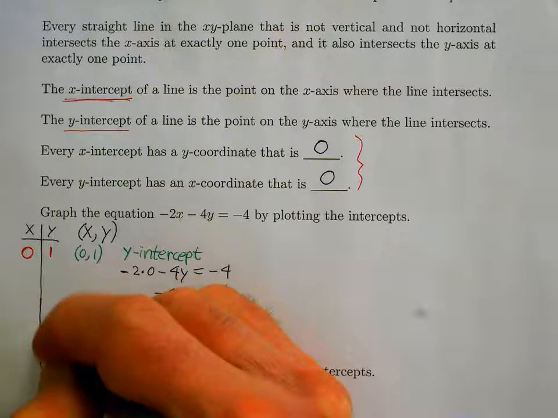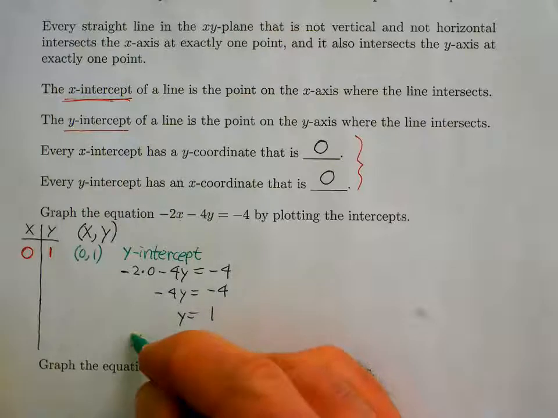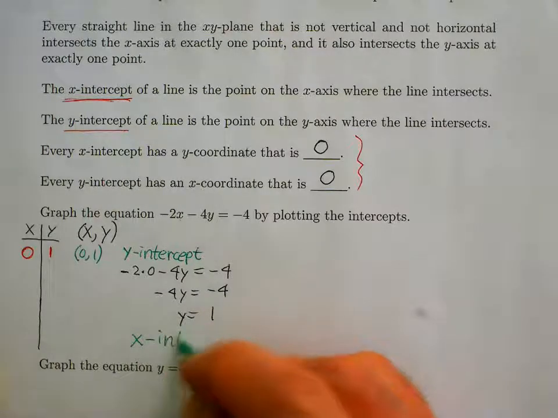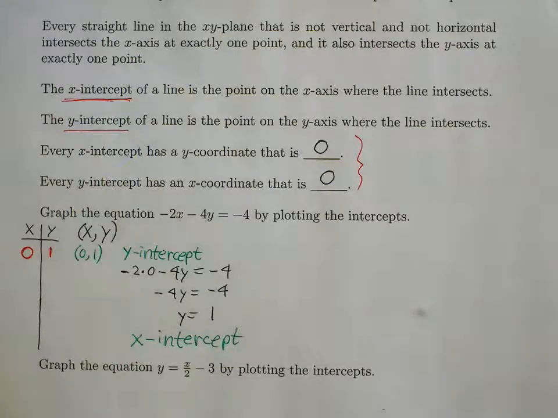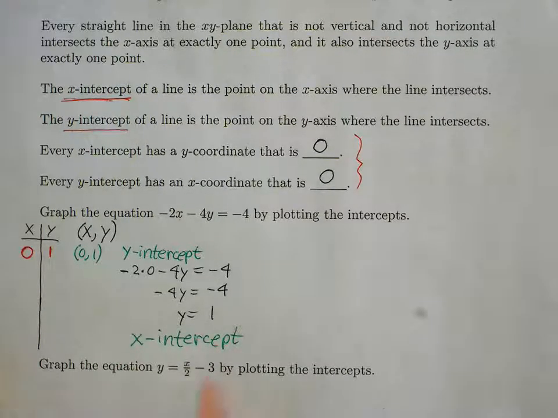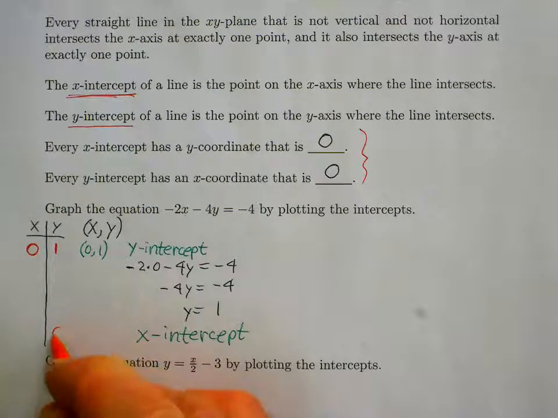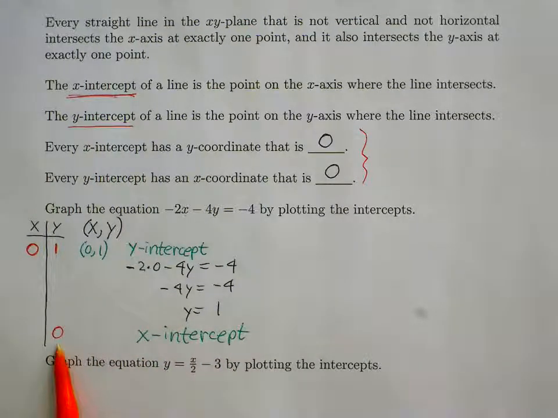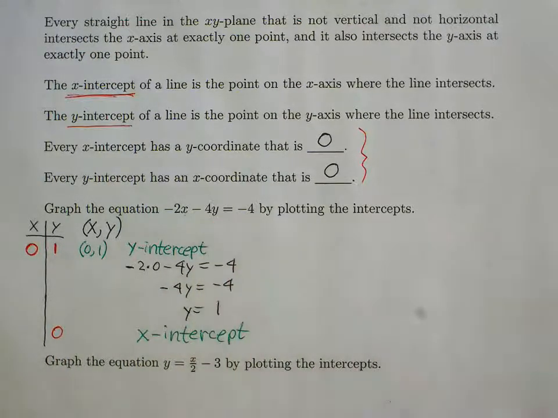Okay, so down here, let's find the x-intercept. What's true about every x-intercept? Well, for an x-intercept, the y-coordinate is 0. So this time in the equation, we replace y with 0.